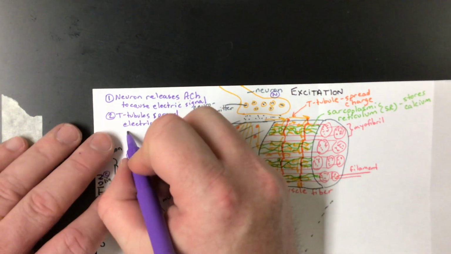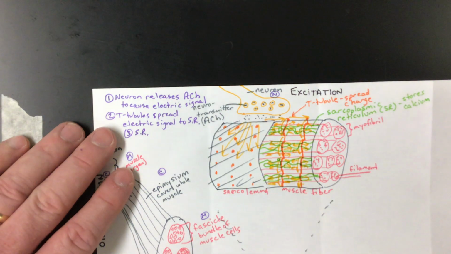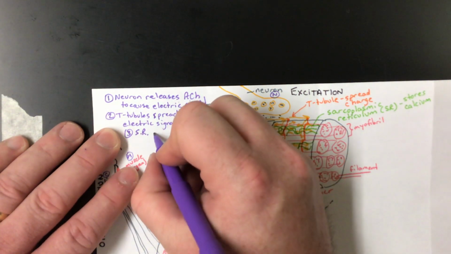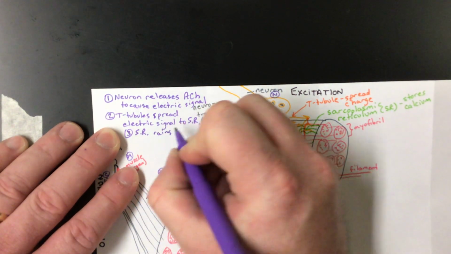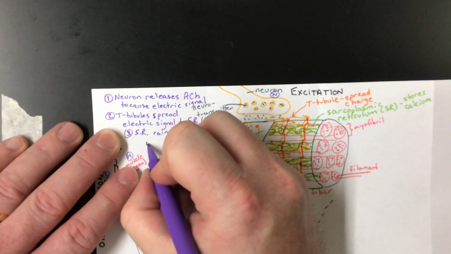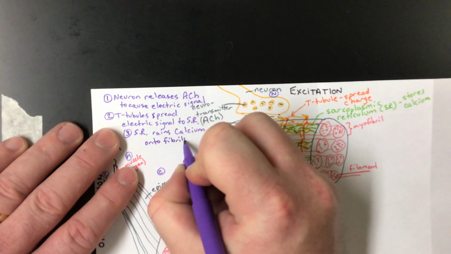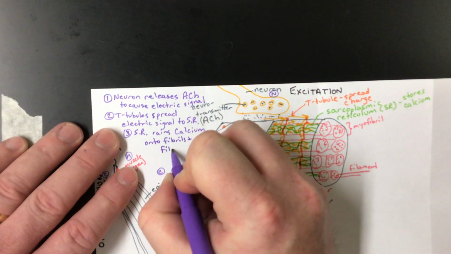And then finally, the sarcoplasmic reticulum, when it gets that electrical signal, rains down calcium onto the myofibrils and filaments.